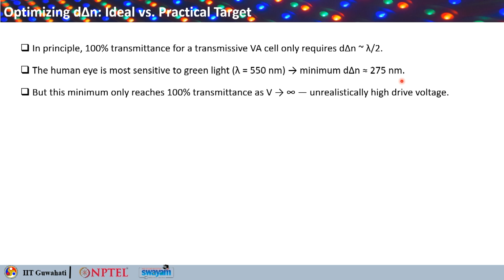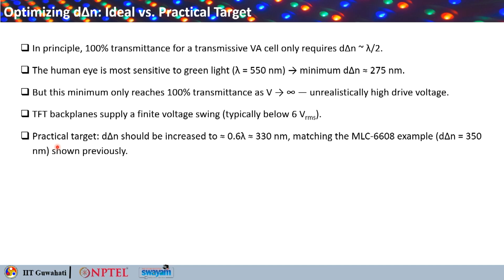The problem is that with this kind of minimum, the 100% transmittance occurs at an unrealistically high voltage. What we have seen is that the TFT backplane supplies a finite voltage swing, typically below 6 volt RMS. So your practical target should be to work within that limit.